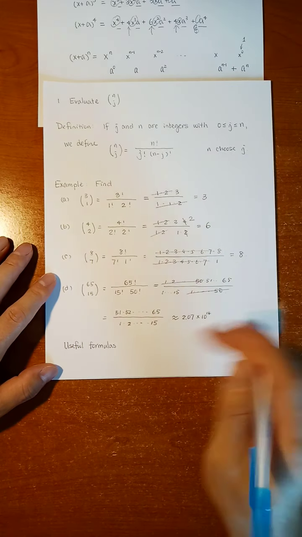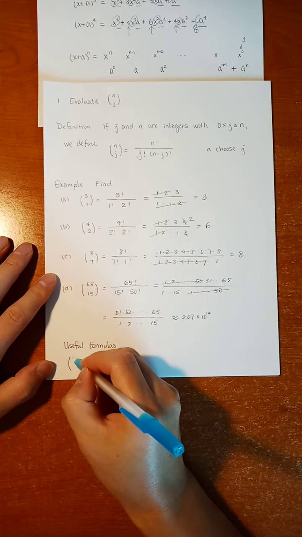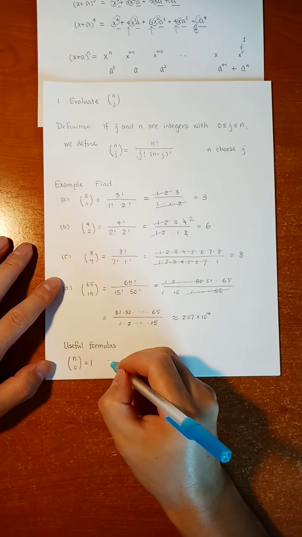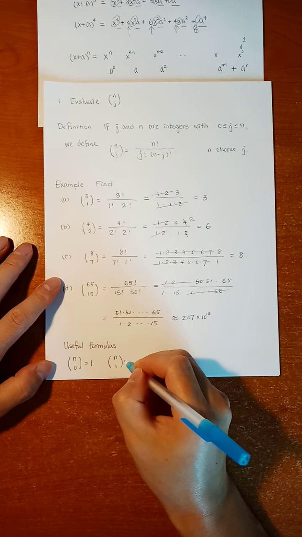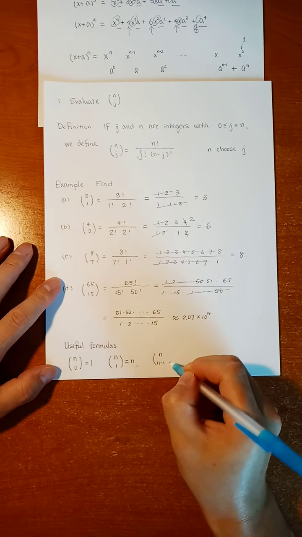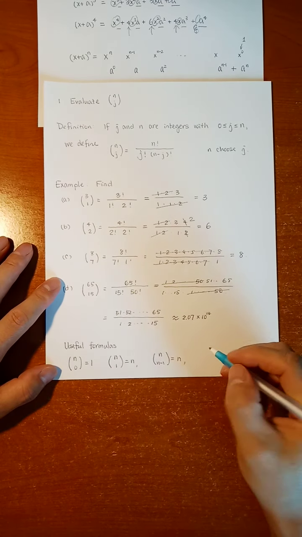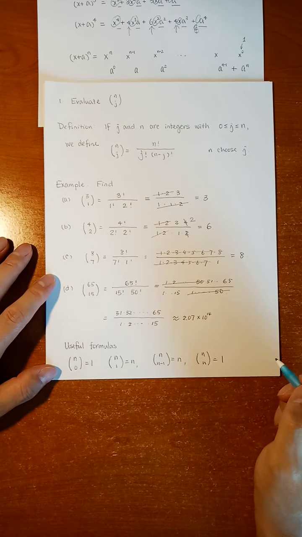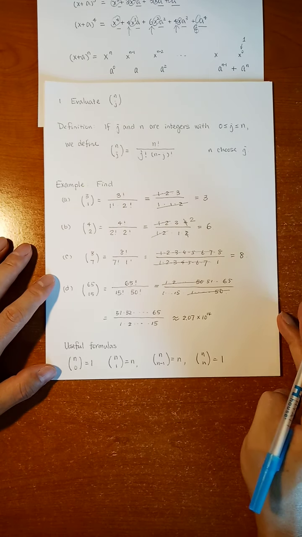Number 1, n choose 0 is always equal to 1, and n choose 1 is always equal to n. n choose n minus 1 is always equal to n, and n choose n is always equal to 1.